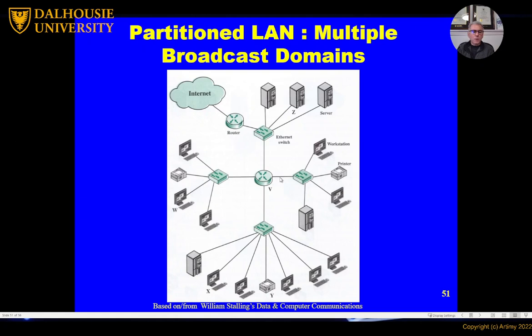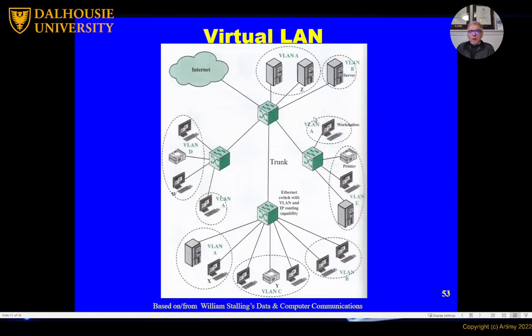So routers will not forward broadcasts, and routers are used to limit broadcast and limit flooding. Flooding is needed to forward the packet to multiple stations initially. All right, and I mentioned here the virtual LAN.